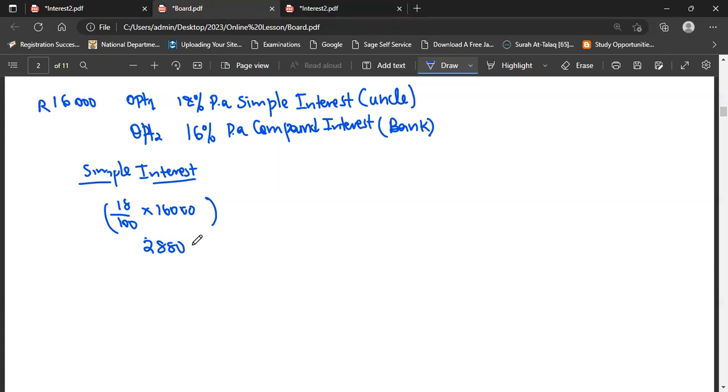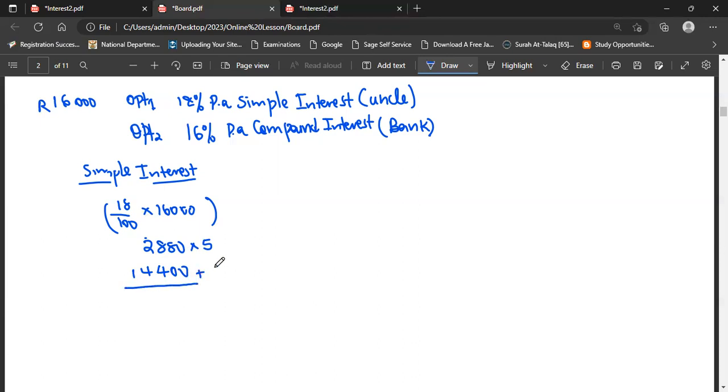But remember, it's simple interest for 5 years. So you multiply by 5, you get 14,400.